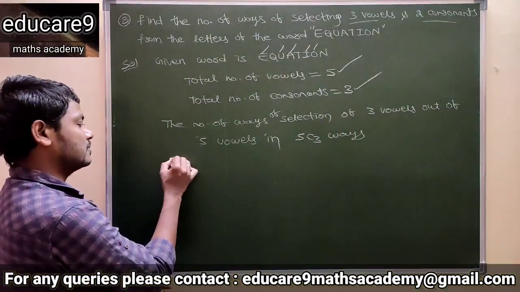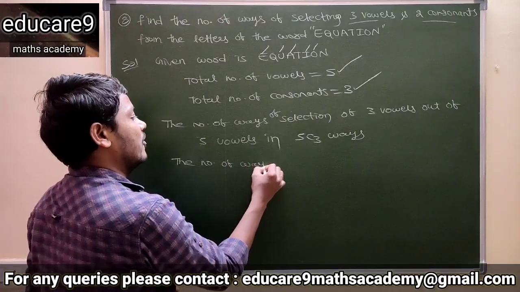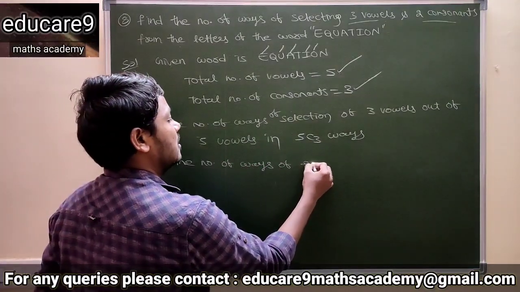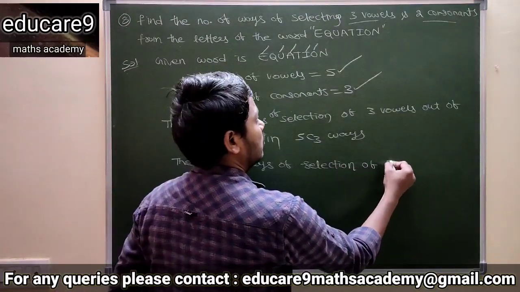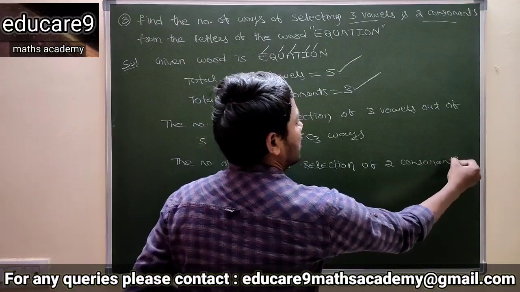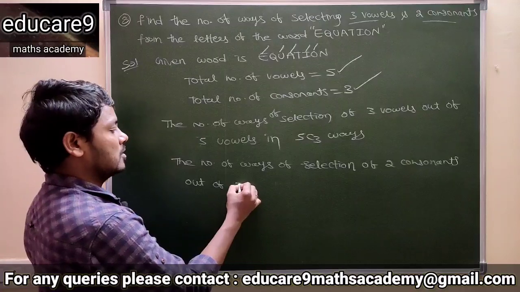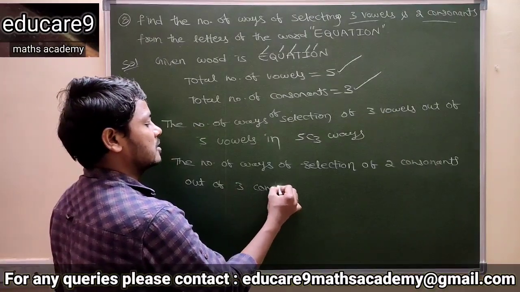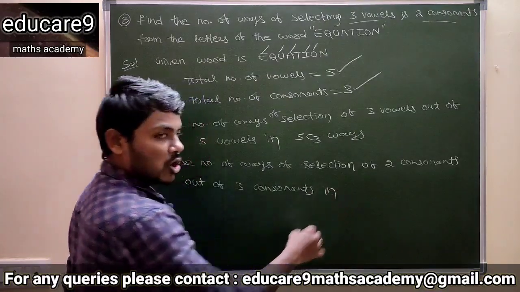See here, the number of ways of selection of two consonants out of three consonants, in how many ways?